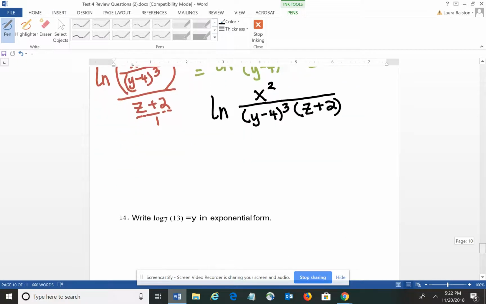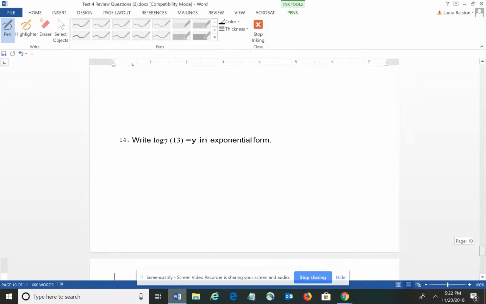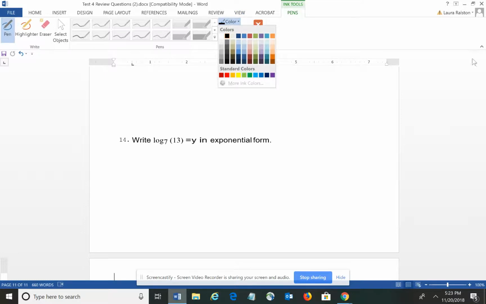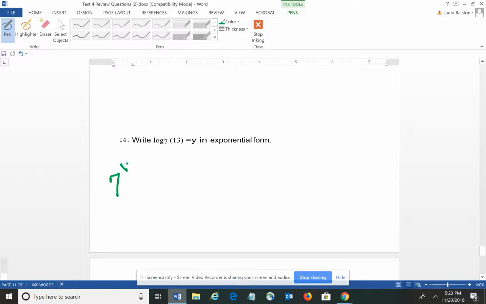Question 14 says, write log base 7 of 13 equals y in exponential form. You have a logarithm, and you're going to rewrite it as an exponential. We would write 7 to the y equals 13.